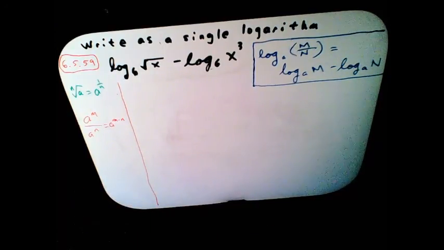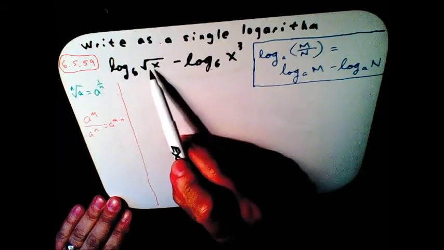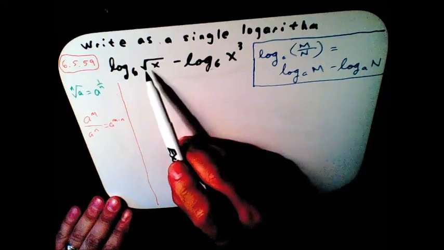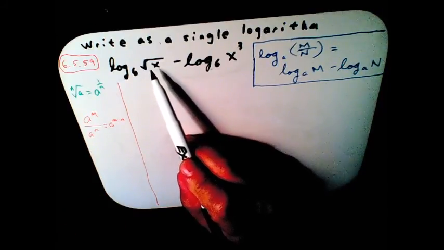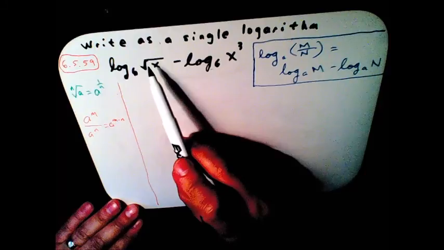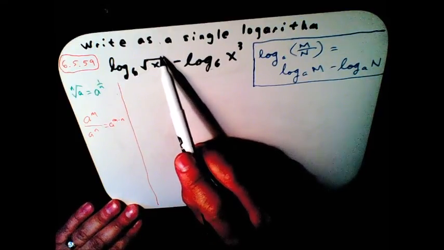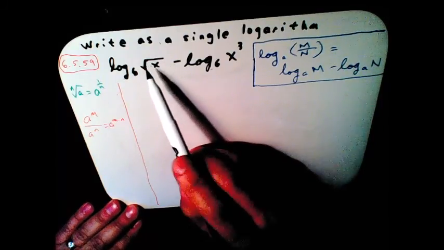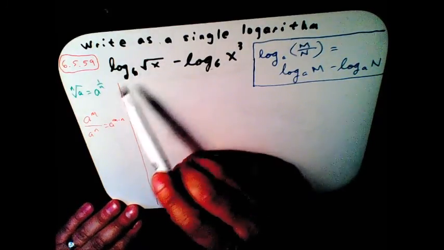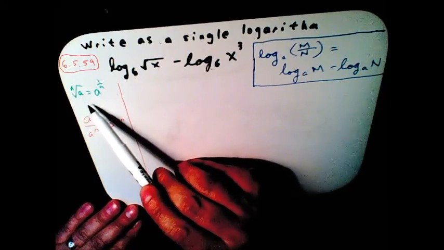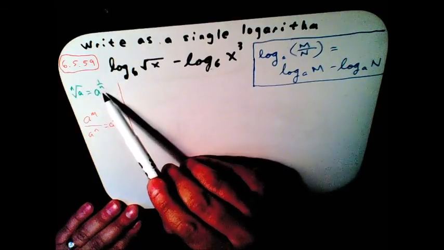And so, first thing that often comes up in these problems is that you have a radical, and since the laws of logarithms don't really deal with radicals, they deal with exponents, because a logarithm is an exponent, we will write this as an exponent, an argument of the logarithm, that is the input of the logarithm, with an exponent, using this rule right here, that the nth root of something is the 1/nth power of that thing.